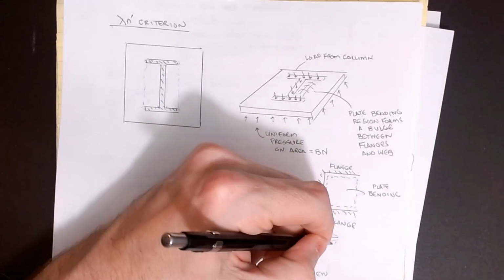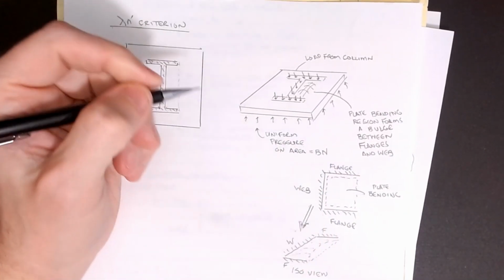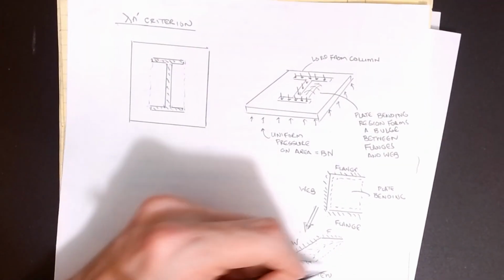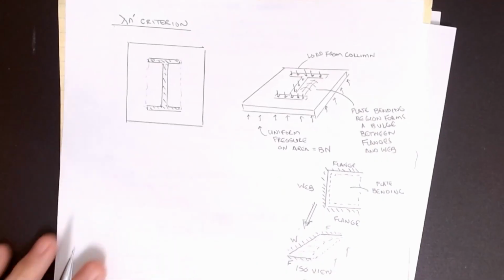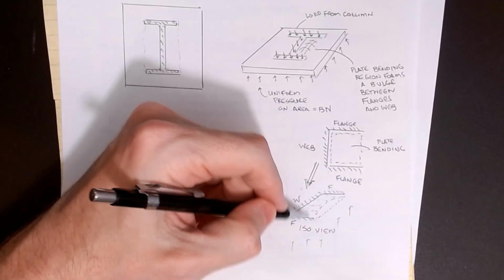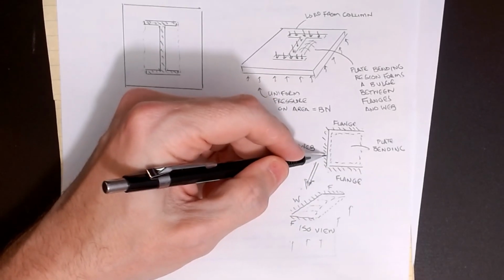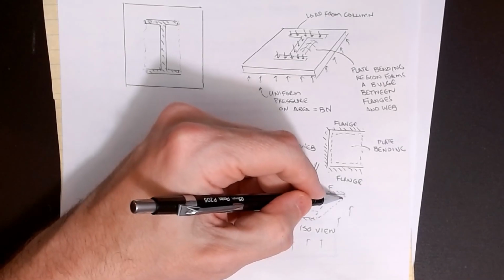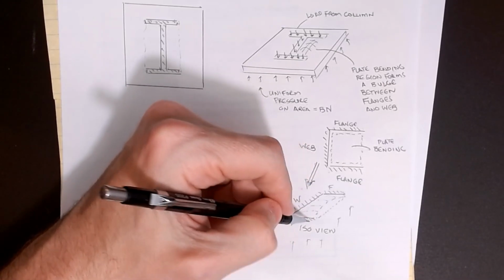So if I draw this so you can visualize what's happening due to the load, because the load is over everything on the bottom here, you can kind of see that, okay, well, these three edges are going to be held in place by the load from the column itself, but this edge that kind of spans between the ends of the flanges is going to have the ability to kind of flex and bow up.